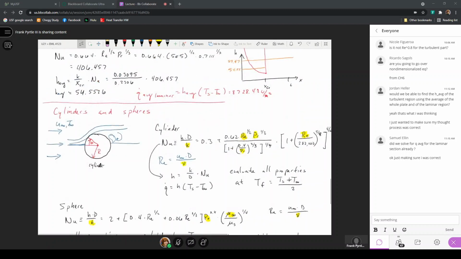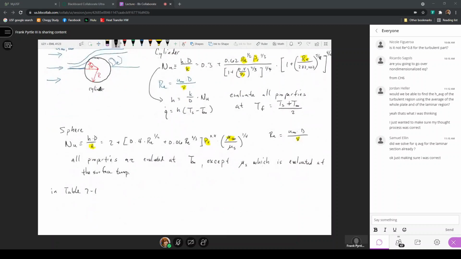So here, this cylinder that I drew, when the fluid is moving over the perimeter, that's called a cylinder in a cross flow. But if you want to consider a square in a cross flow, or a diamond shape in a cross flow, or an ellipse in a cross flow, you would use table 7-1.